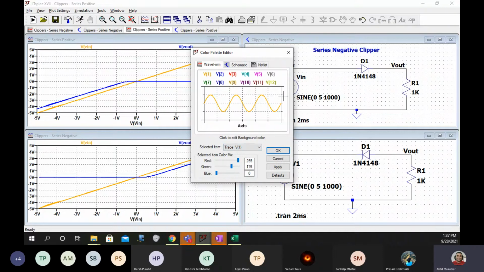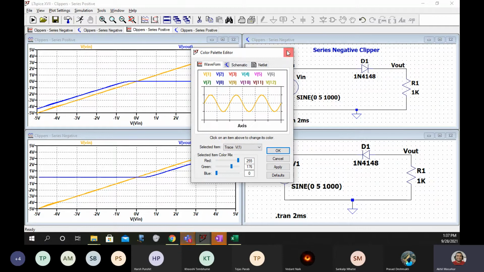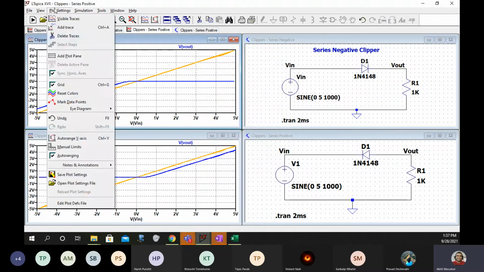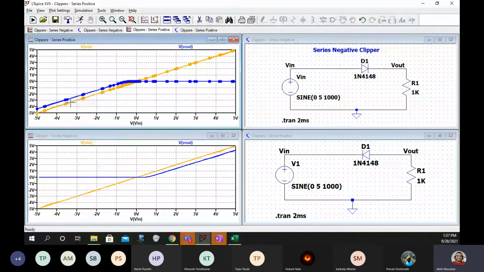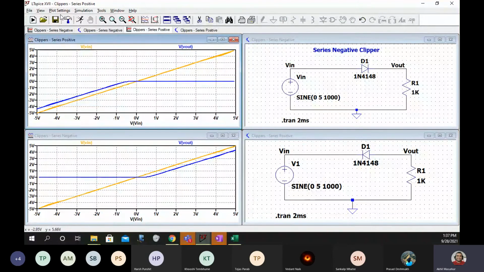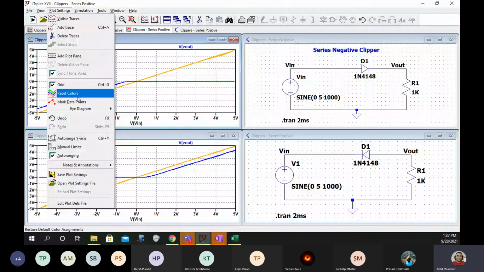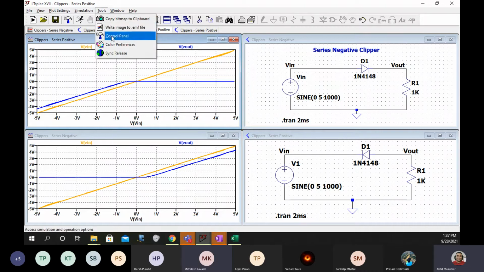Or you can go to plot and mark the data points, but data points will make it look a bit ugly. So you can say reset color. You can increase the thickness from the control panel in tools.